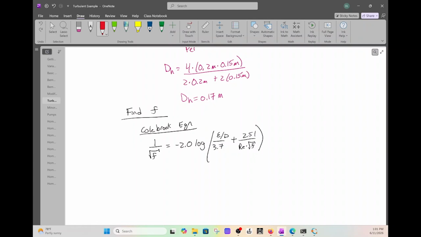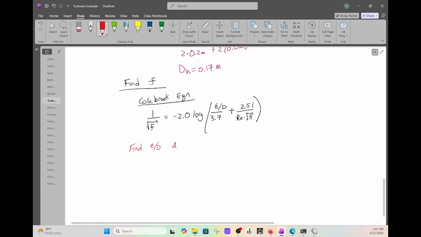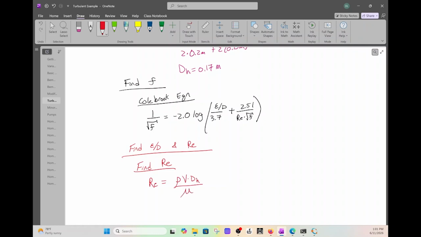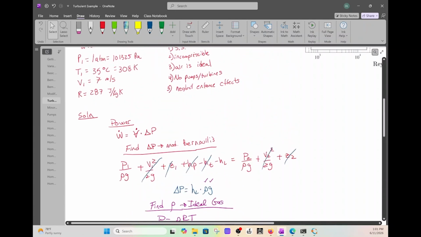So in this equation, though, we need to find epsilon over D and the Reynolds number. Well, let's calculate the Reynolds number first. So find the Reynolds number. Re equals rho V times DH over mu. So we do need mu. So let's go back up and write that in our givens.